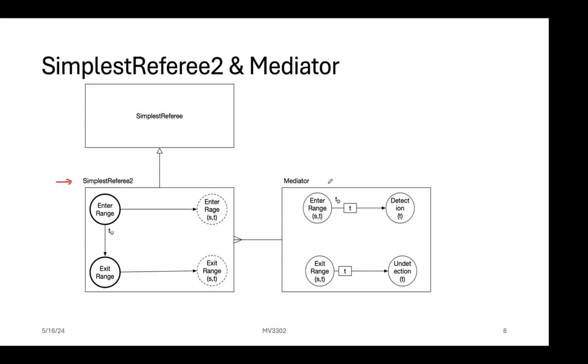There's no getting around that. So what does the mediator do? It's going to hear this enter range with the right arguments from, in this case, our revised referee. And it's going to schedule a detection with whatever its time to detection is, and it's going to pass the target as the argument.